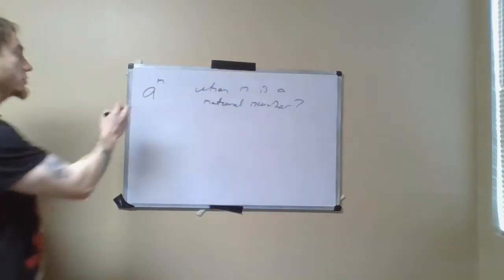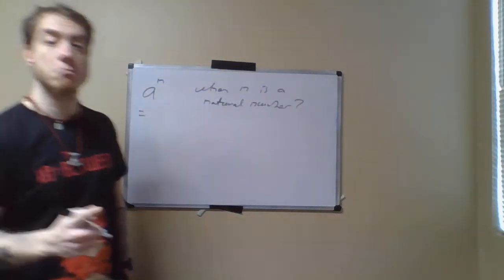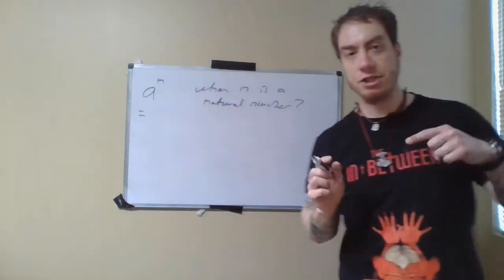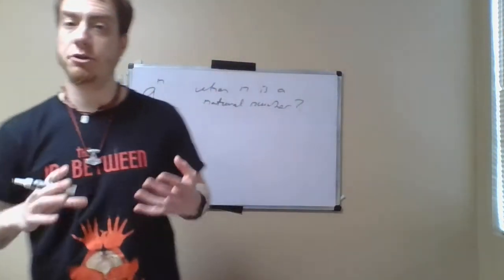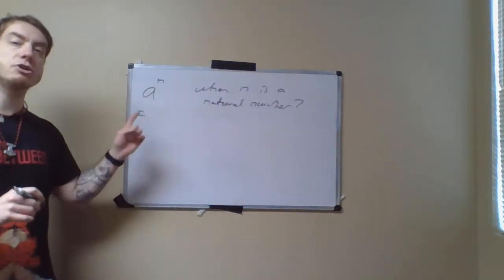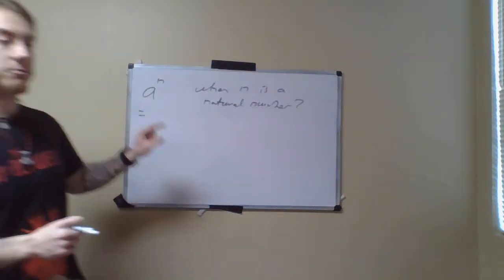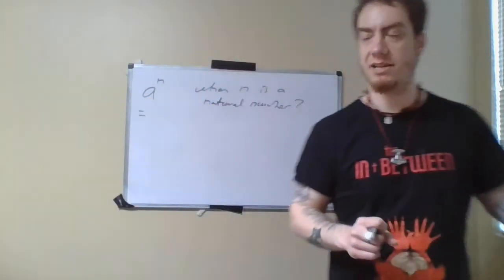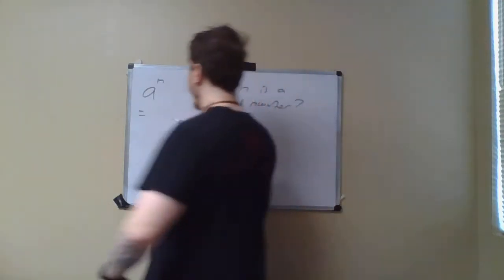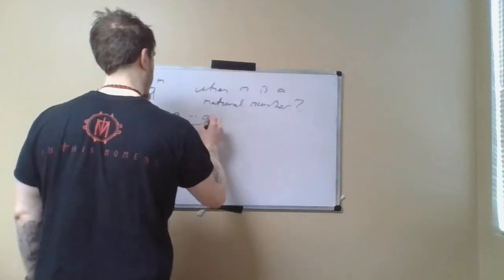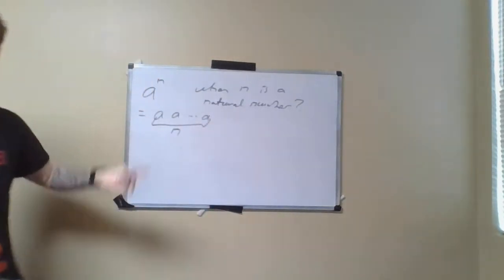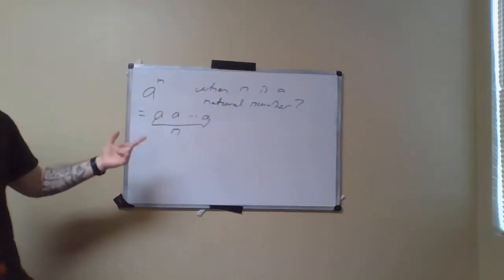Well, the answer is we define this to be repeated multiplication. Multiplication is actually repeated addition. If you remember, you define multiplication in terms of repeated addition. Well, you define the exponent in terms of repeated multiplication. Okay, so a to the n would be a multiplied by itself n times. So we've got n copies of a here multiplied.